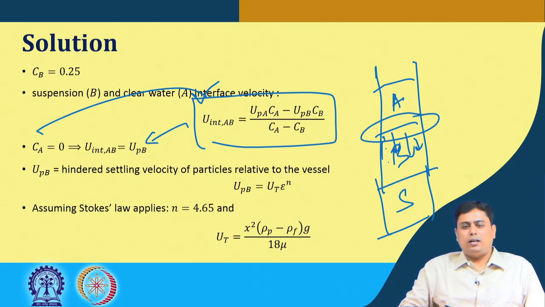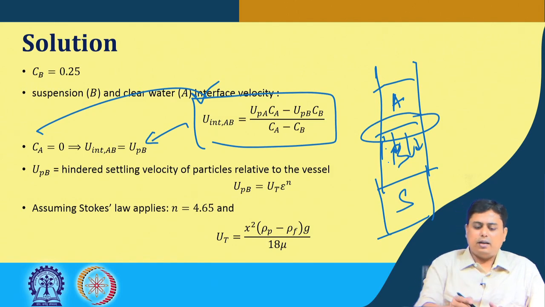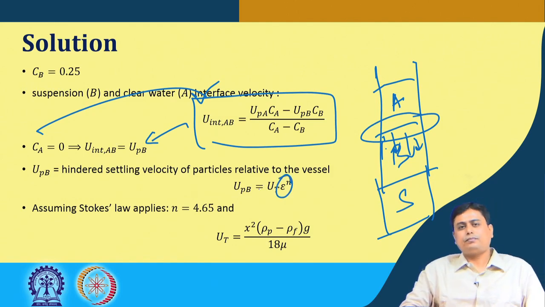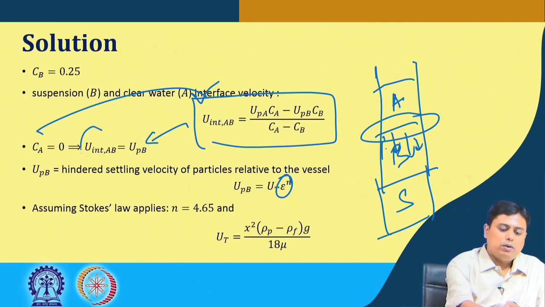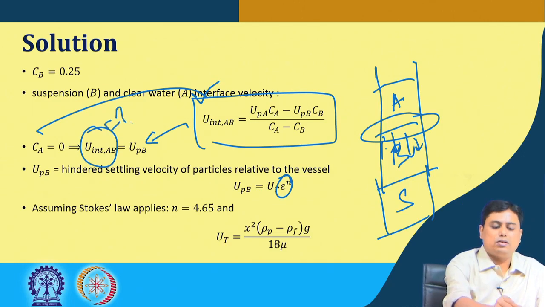Now, in earlier slides we have seen that the hindered settling velocity is nothing but the single particle terminal velocity multiplied by this factor, if you remember the Richardson-Zaki expression. Our goal is to calculate this one.